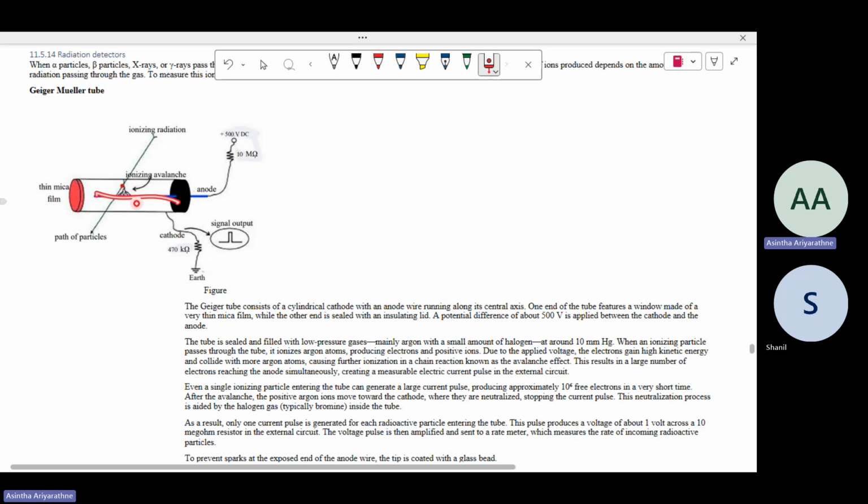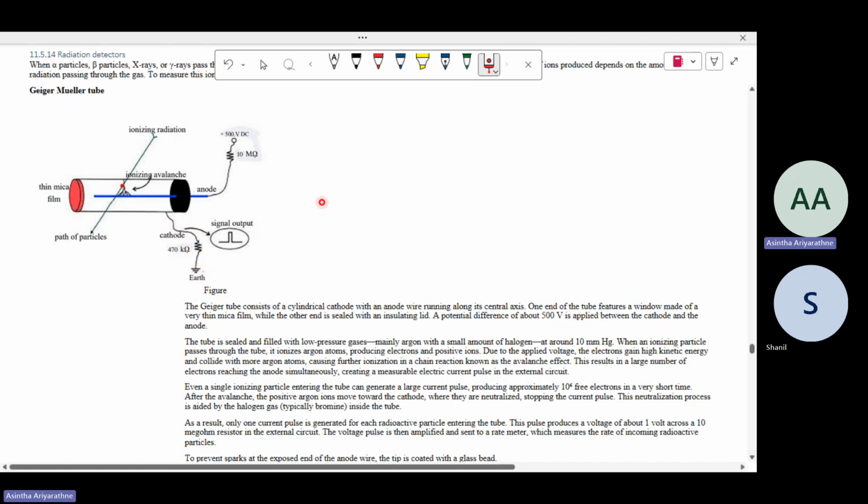Due to this high potential difference, charge would flow through this wire to the earth.